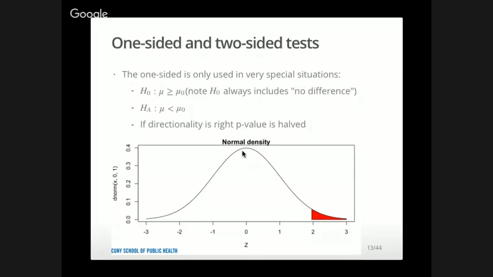These are rare situations. So as a general rule, you're going to use a two-sided test. But the null hypothesis also in the case of the drugs seems to be that drug A is equally effective as drug B. So yeah, you would set it up that way only if you wanted your type 1 error and your rejection to happen in the case where your alternative drug is worse.